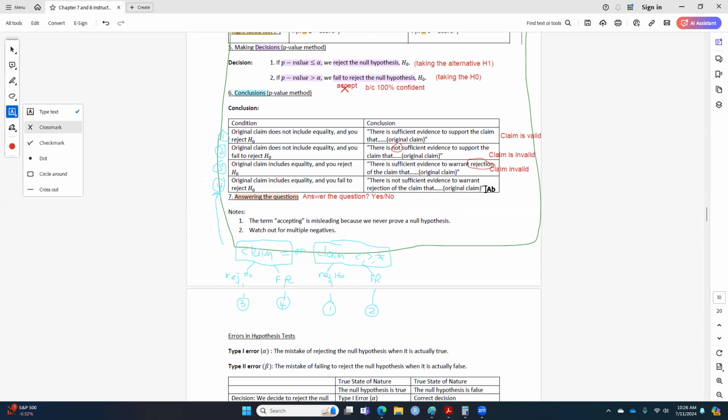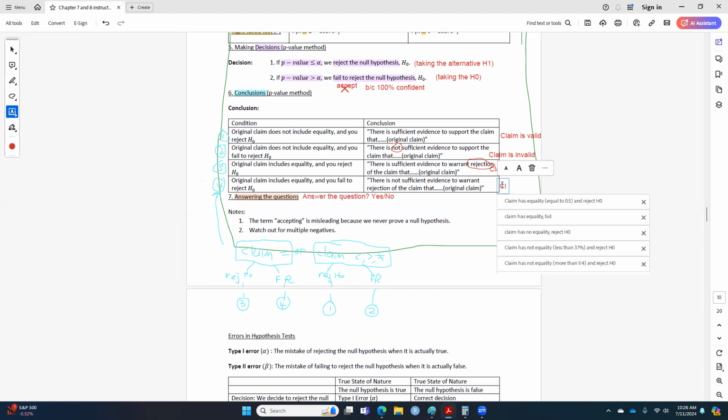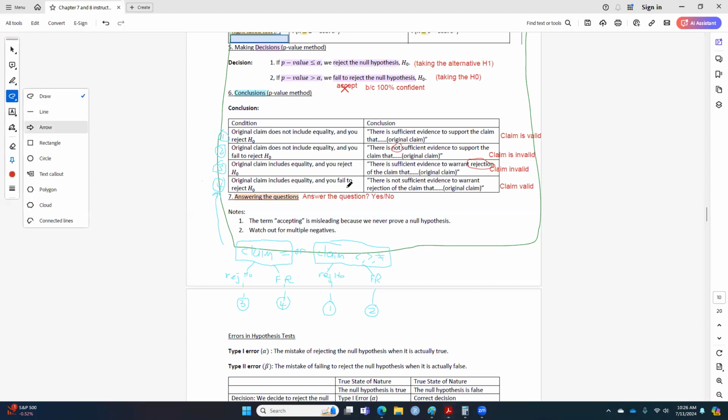However, if you did the fourth conclusion, the claim is valid. The reason is the double negation, not and the word reject. This is like back in your algebra class: when you multiply two negatives, it becomes positive. So when you got two negatives, the claim will be valid.